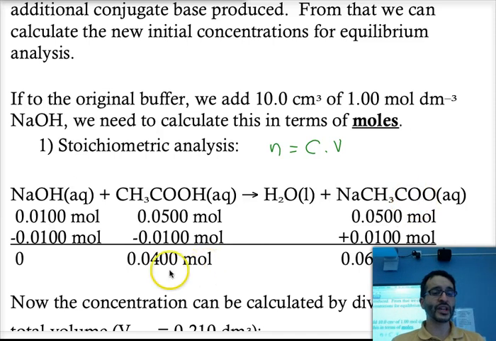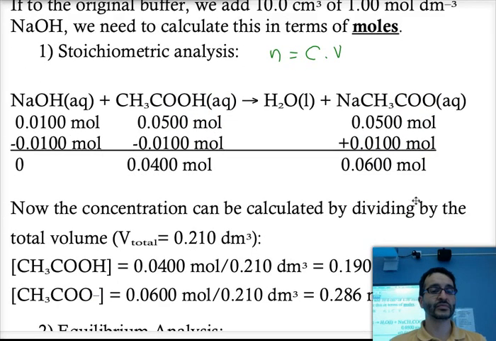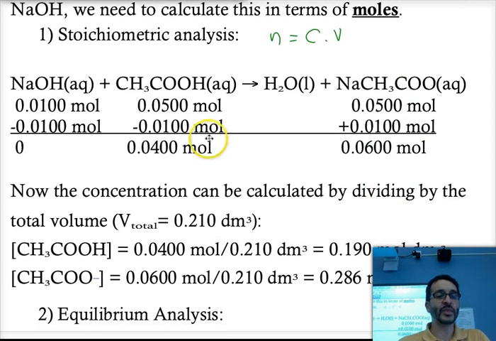We now have two new numbers of moles of these two species, the acid and the conjugate base. If we find the concentration by dividing by the total volume, which is now 210 centimeters cubed, or milliliters, or 0.21 decimeters cubed.